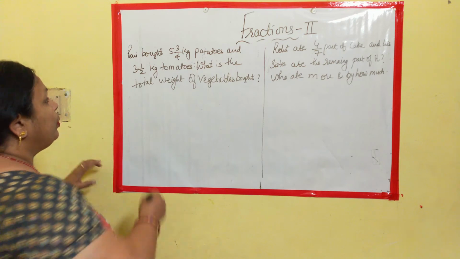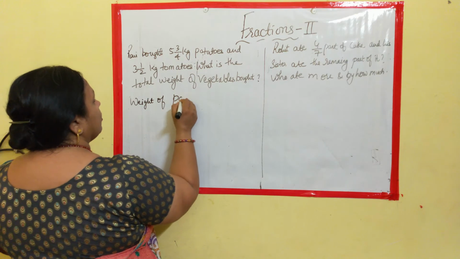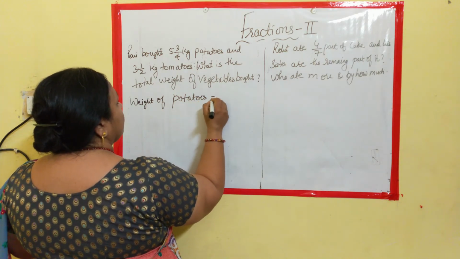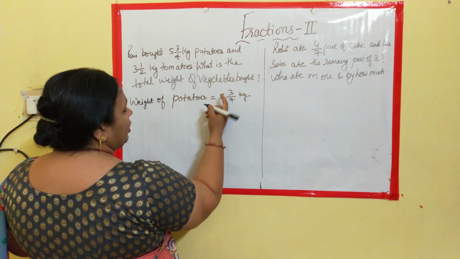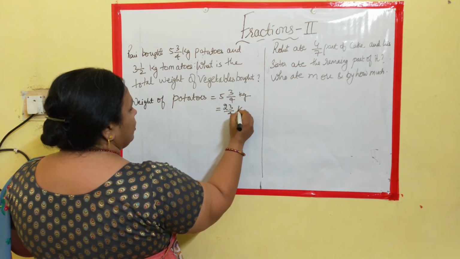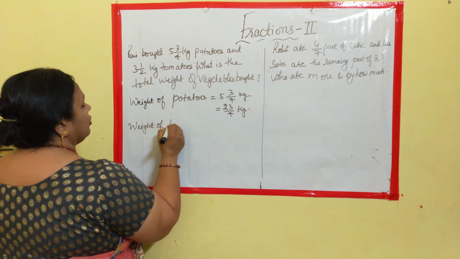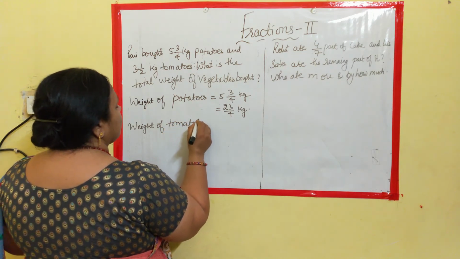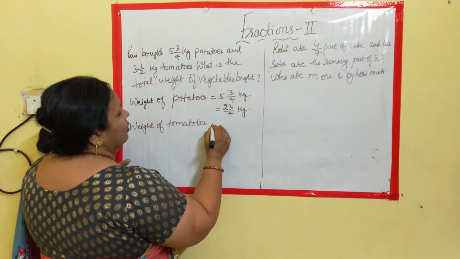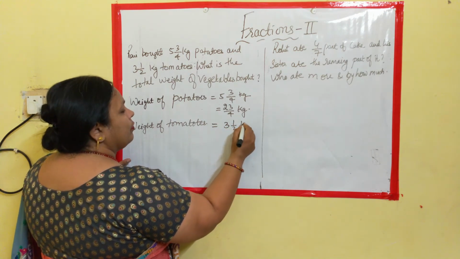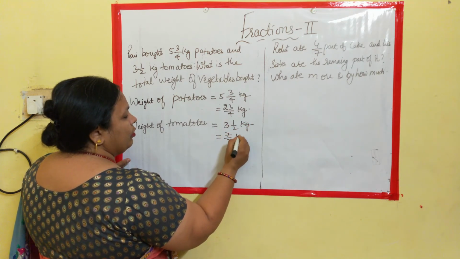So weight of potato, 5 3 by 4 kg, that is 20 plus 3 is 23 by 4 kg. Weight of tomatoes is 3.5 kg, nothing but 3 twos are 6 plus 1, 7 by 2 kg.